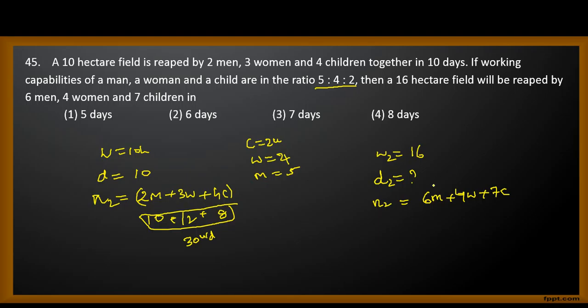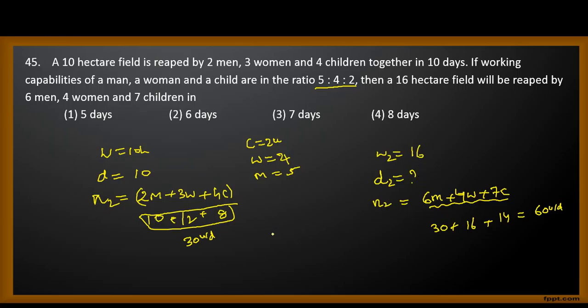Okay. Now what is here? 7 into 2, because a child is doing 2, 14. 4 into 4, 16. 6 into 5, 30. This is equivalent to 60 units per day. How many days do they require to do reaping for 16 hectares of field?